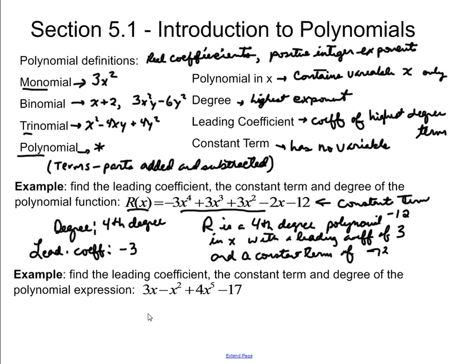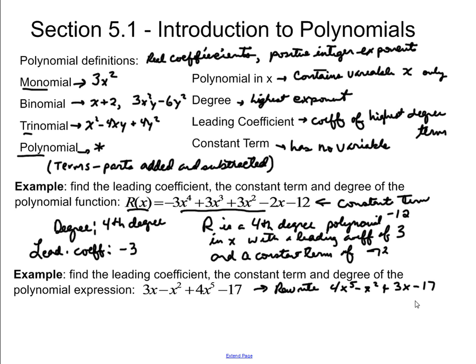How about this one? Well, if you're looking at it and you're saying that the leading coefficient is 3, you would be incorrect. In this case, it helps to rewrite the terms in descending order of their powers. So if you rewrite this, you'll see exactly why we mean leading coefficient. The rewrite would be 4x to the fifth minus x squared plus 3x minus 17.